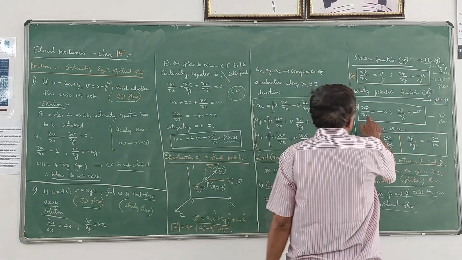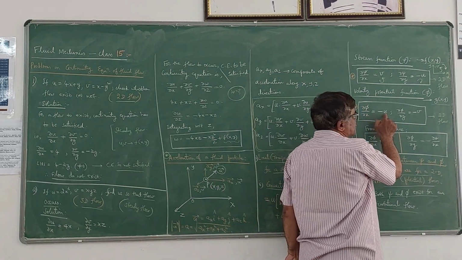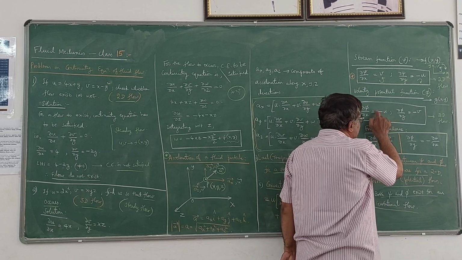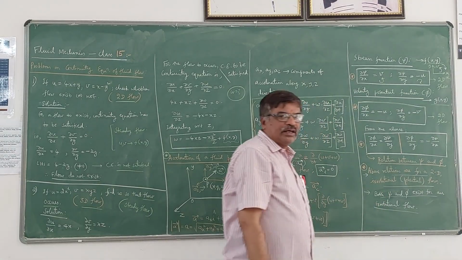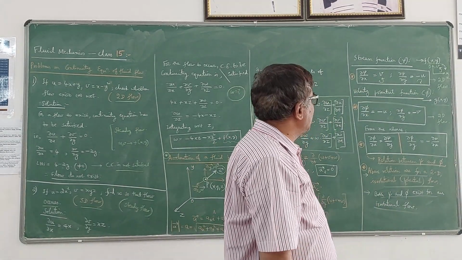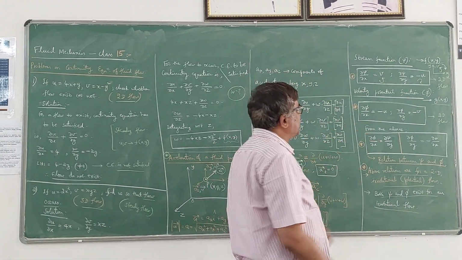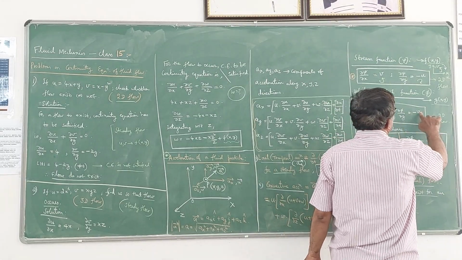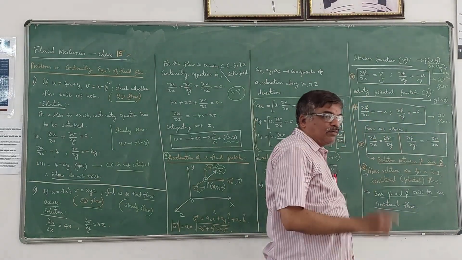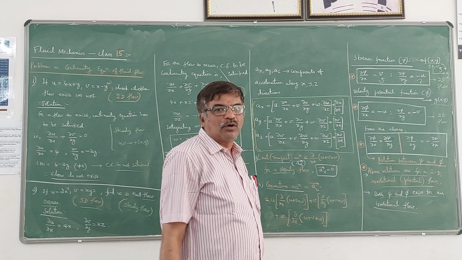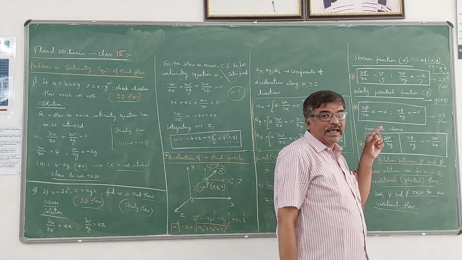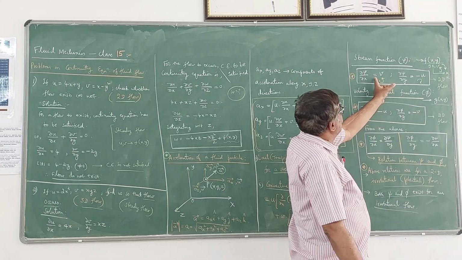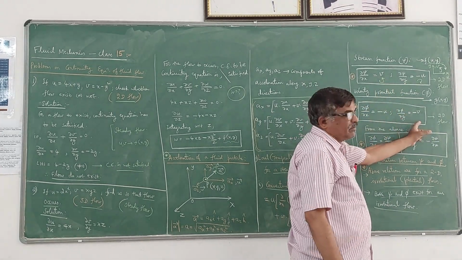So in the direction x, u is the velocity component, you get minus u. Similarly, if you differentiate phi with respect to y, you get minus v. So here there is no change, both are negative. The negative of the velocity component you get if you differentiate phi with respect to any direction. So here it is at right angles, here it is in the same direction.